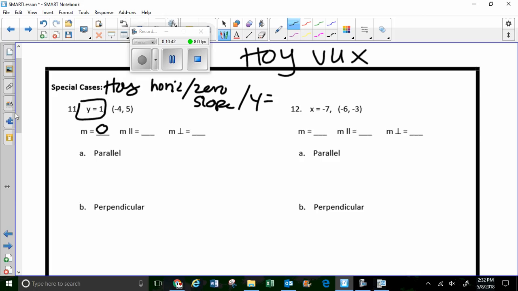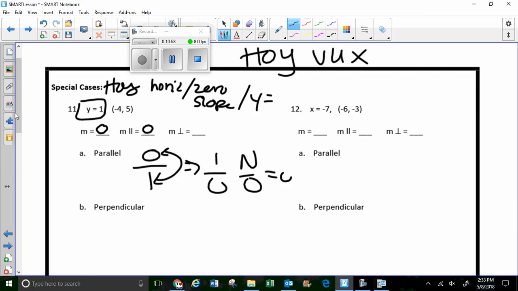And that means my parallel line would also be a 0 slope. But what happens when I flip the number 0? So think about it, it's 0 over 1. When I flip that, I get 1 over 0, which is no good. That means undefined. So the perpendicular line would be undefined. That would be the opposite reciprocal slope.